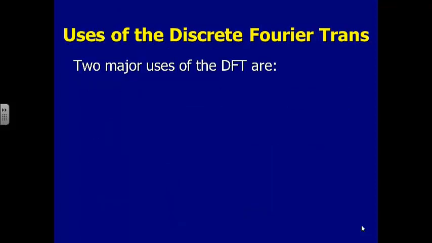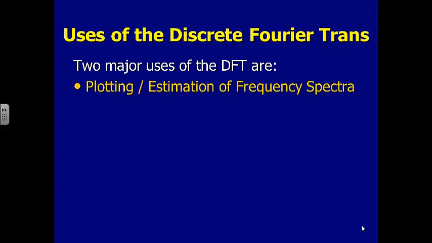When do we use this? Well, everywhere we would do anything in the frequency domain, we're going to do it with a DFT, especially if we have a computer laying around. We all have computers in our back pockets now. And so, if you want to look at, plot, or estimate the frequency spectrum of a signal, we're going to use a DFT. You've all used the sampling oscilloscopes in the 368 lab and other labs.